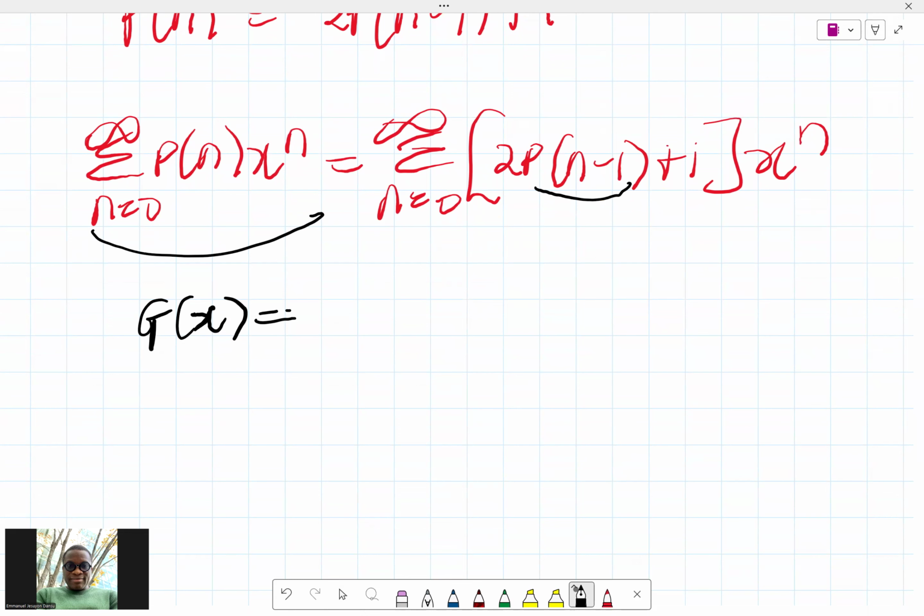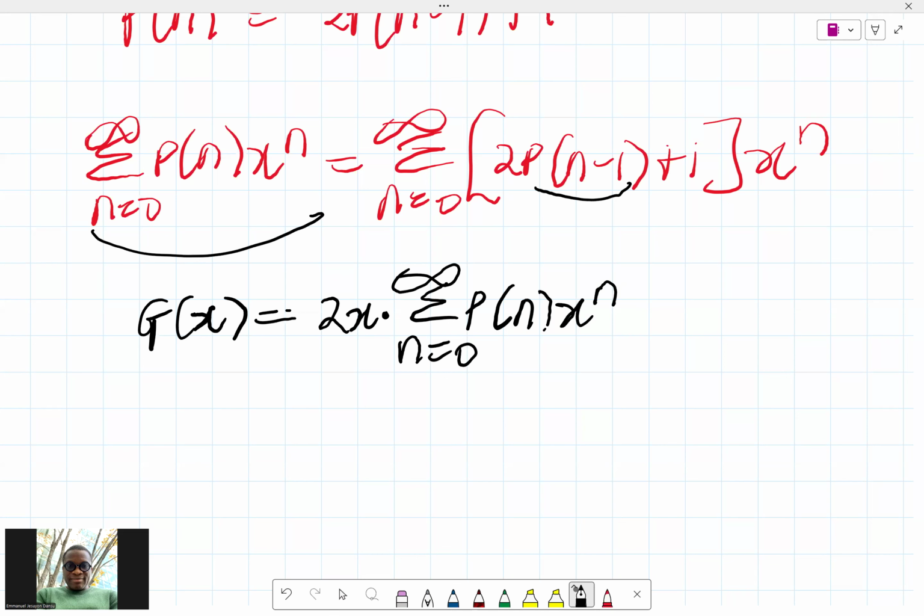By the time we sum this, we can bring out the 2, and that will be like 2 times x multiplied by the summation from n equals 0 to infinity of P(n) x raised to power n, with the index shifted. That goes for that part. Then for this constant, if we do this summation, I guess what I should have done is to split it up first.